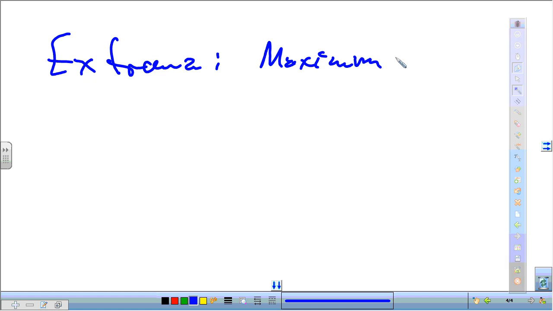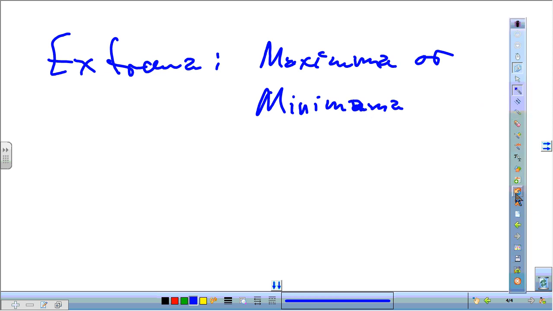So together we call that an extrema, or the whole group, maxima or minima.